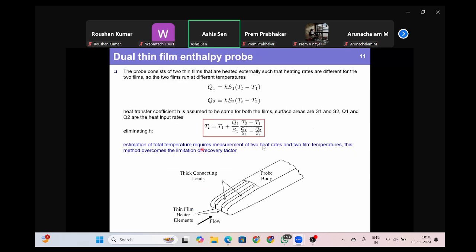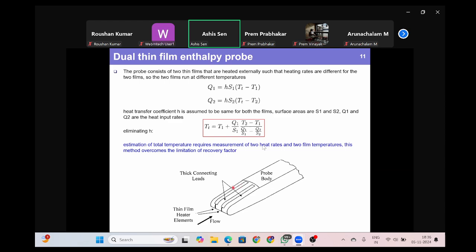Right. So this is again a dual thin film stagnation temperature measuring device. Here, this is again the body of the probe, and these are connecting leads which are connected to the Wheatstone bridge for temperature measurement.